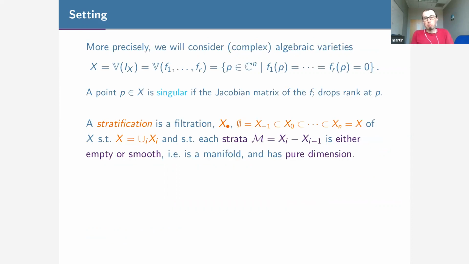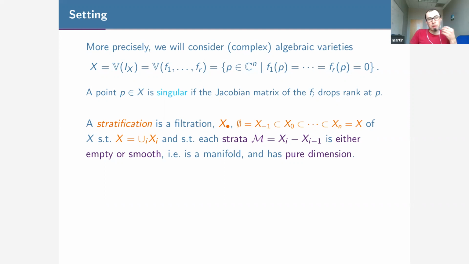Okay, so to be a little more mathematically precise, what we're going to look at are complex algebraic varieties. Actually, most of the things that I will tell you also work for real algebraic varieties, but I'm going to present things for the complex case just for simplicity.